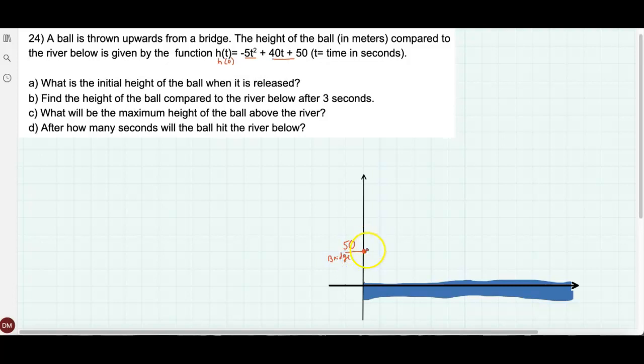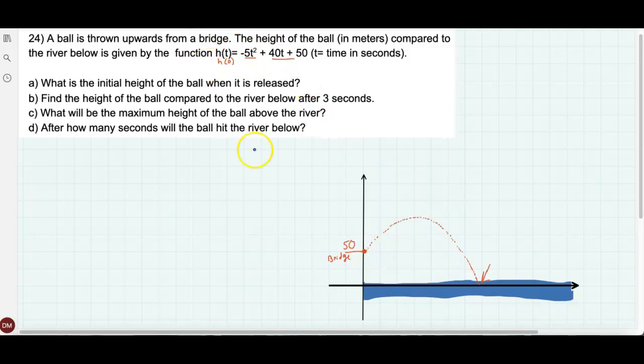All right. So we're going to launch that ball up in the air quite a ways. This is not going to be to scale, but just in general, get the idea of what's going to happen with this. This ball is eventually going to hit the water here, right? It's starting here.